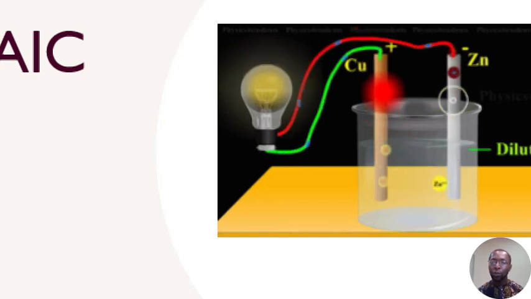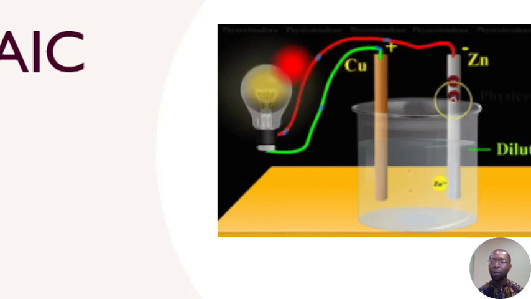Now, for the simple cell, the electrodes it has are a positive electrode and a negative electrode. The positive electrode is copper. The electrodes are just rods that are inserted inside the container, while the negative electrode is zinc.